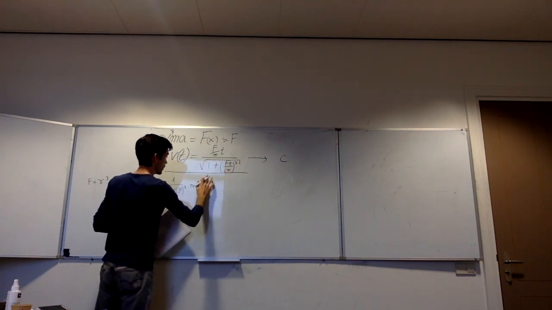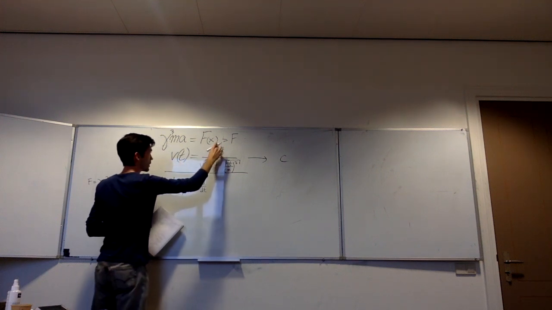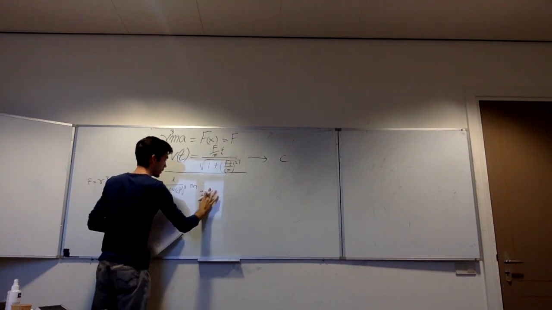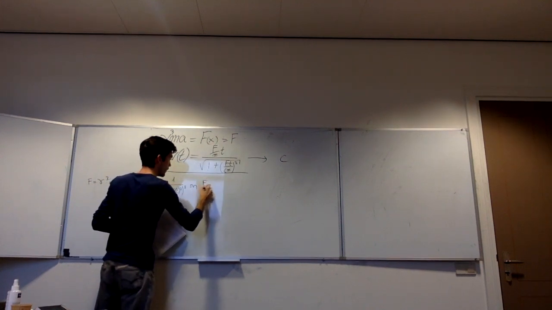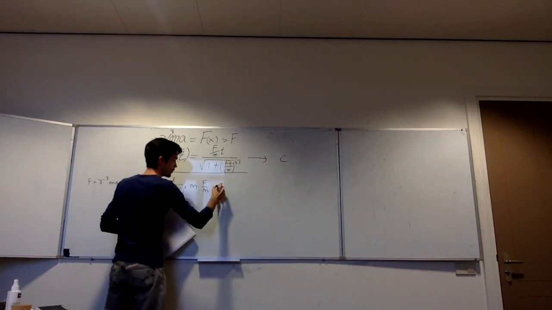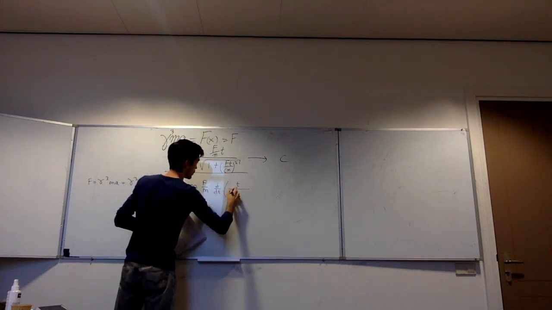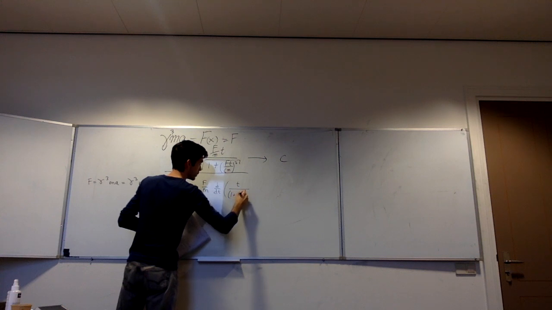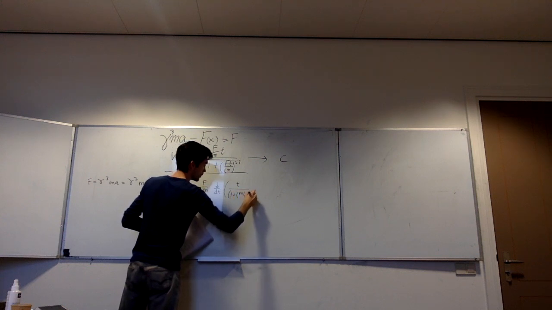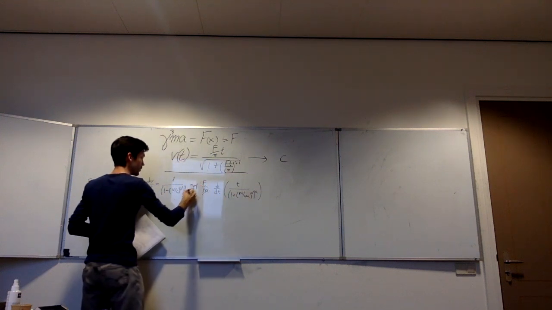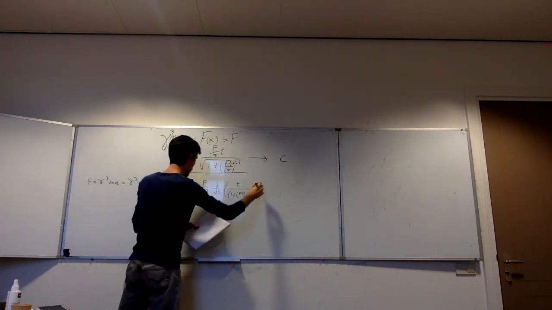This quotient is constant, so we can put it out. Squared, 1 over 2. This goes away.